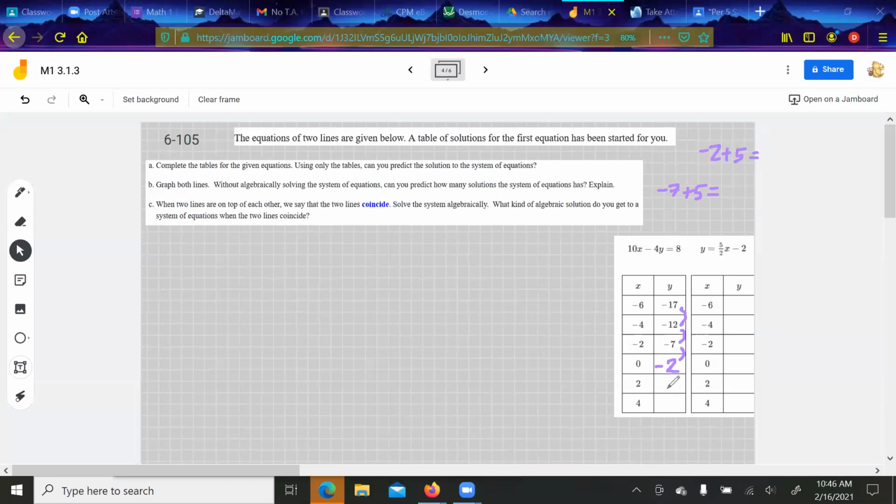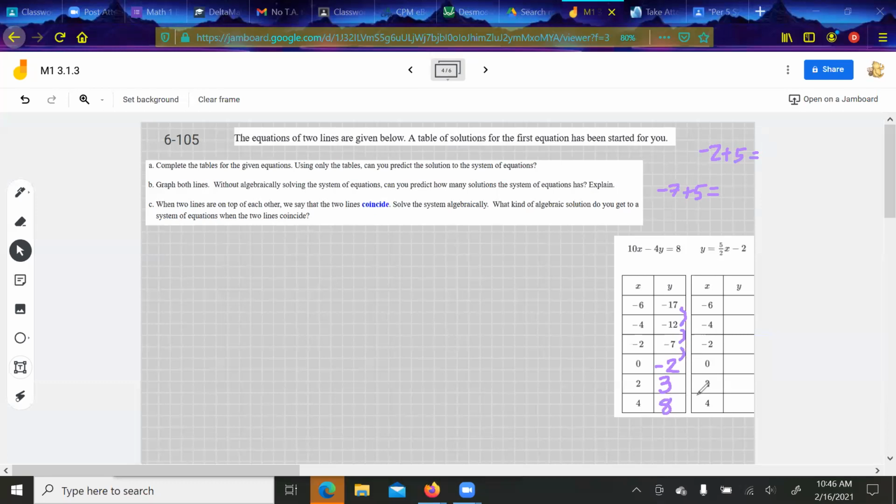What's that going to give us for our next number? +3. Good, +3, and then I add 5 to +3 is going to give us 8. Good. So those are the numbers.